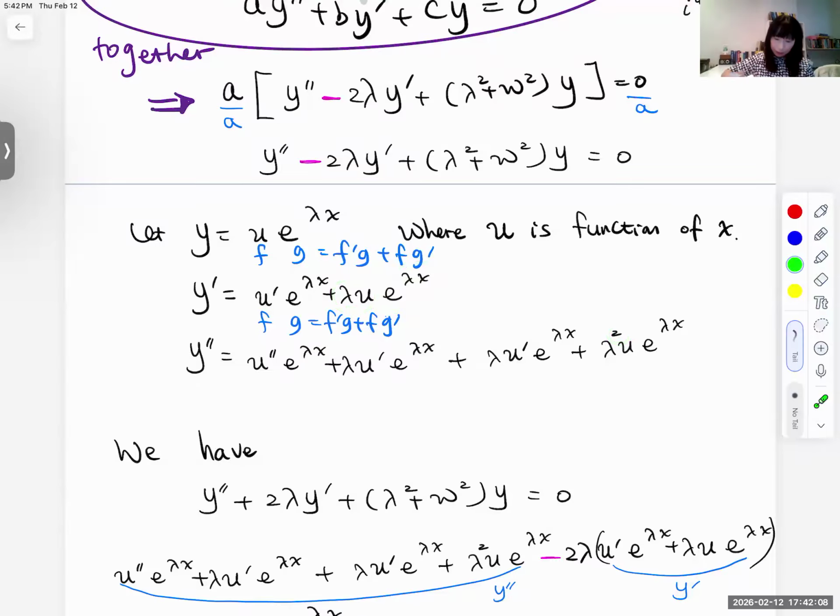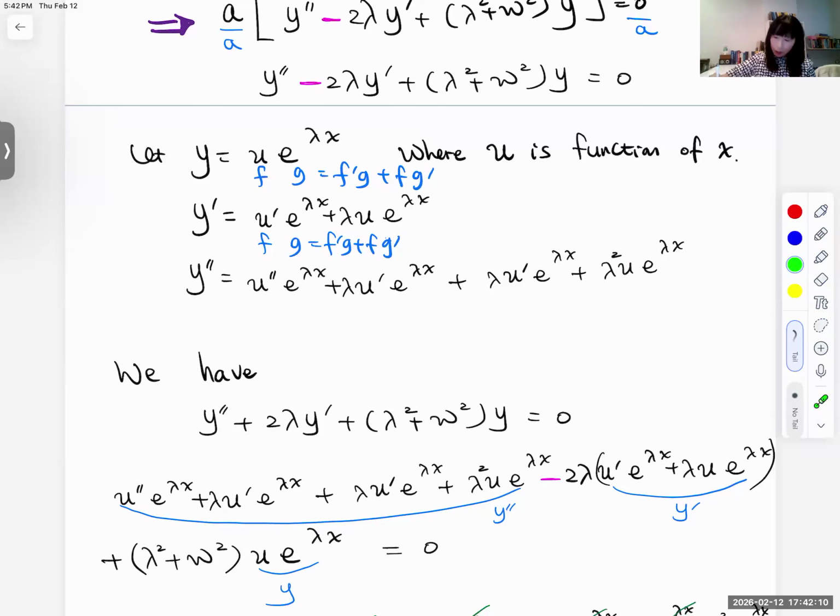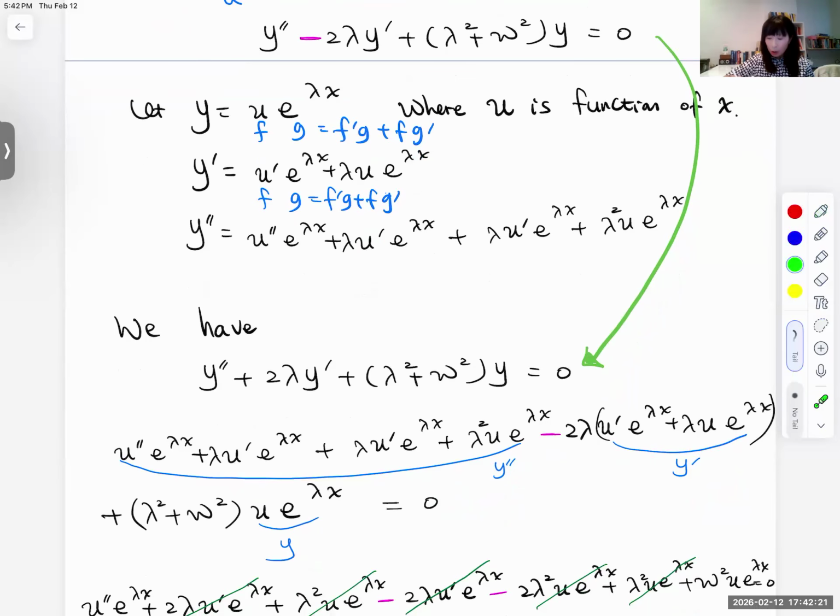Okay, now from here, we substitute. What is the y second prime? We just found it here, right? What is the y prime? We just found it here.